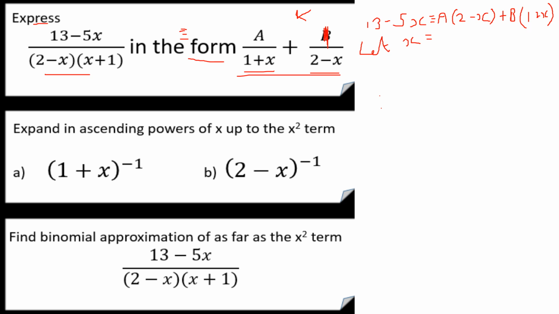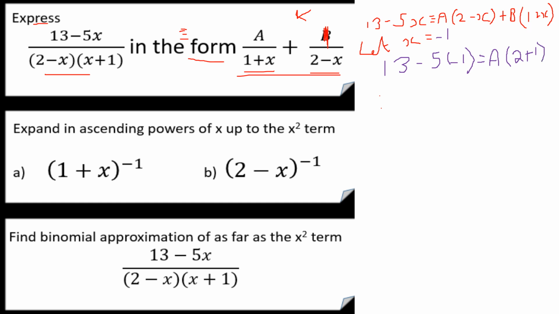And I get left with a. So 13 subtract 5 lots of negative 1. I'm going to be careful here with my signs. Is equal to a lots of 2 minus negative 1, which goes to 2 plus 1.